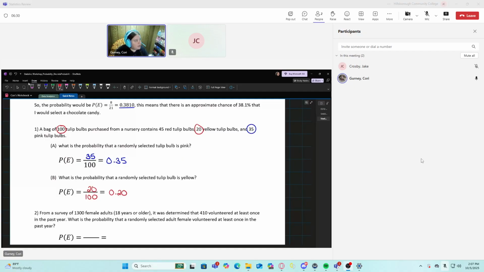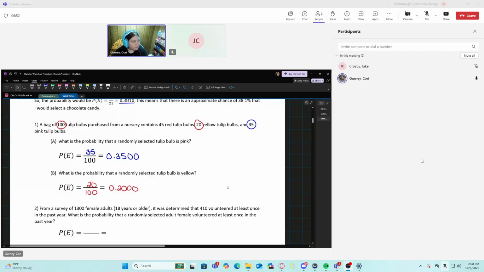Again, to make it 4 decimal places, you can always just add 2 zeros on both of these, and that will make it 4 decimal places. So when we're talking about probability, it's just the number of events occurring out of the total number of events.